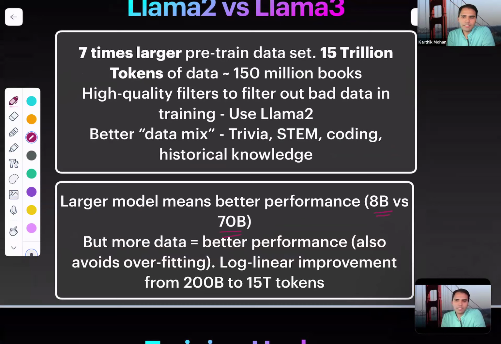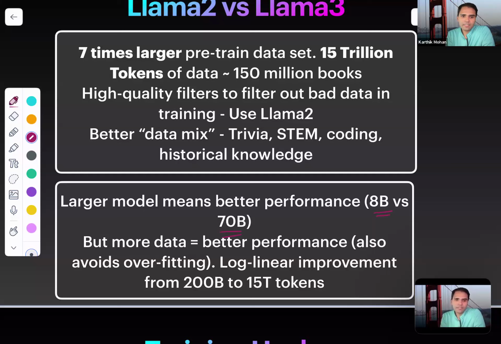But what the team of Llama 3 also discovered was that more data for a given parameter size is also better performance. And we know from standard machine learning that more data is less overfitting in general, right? That's a good rule of thumb: just add more data for a given parameter size and you will do better.